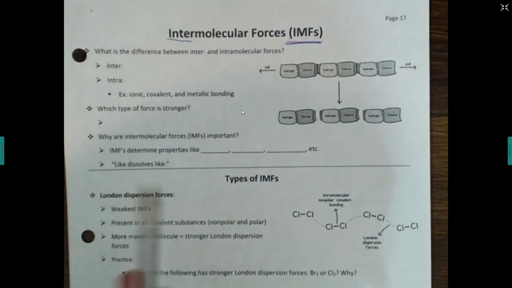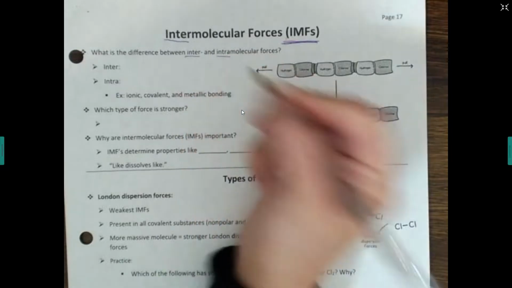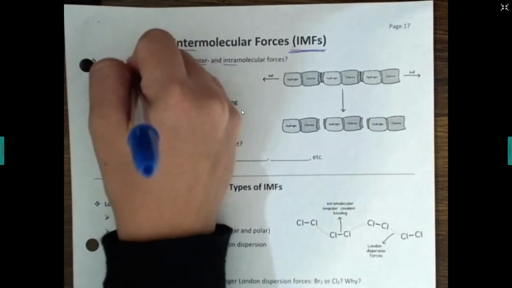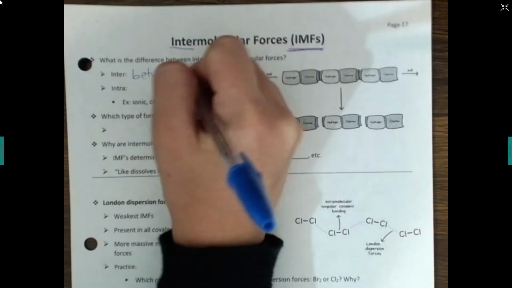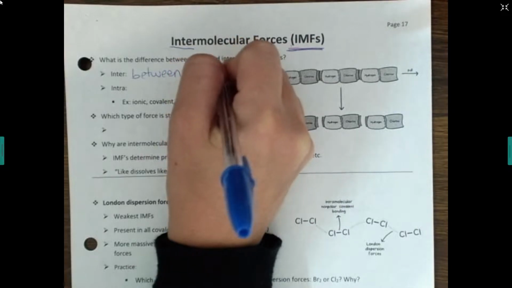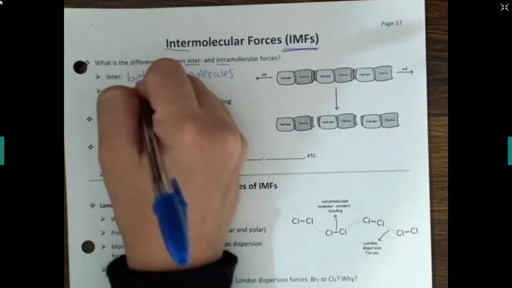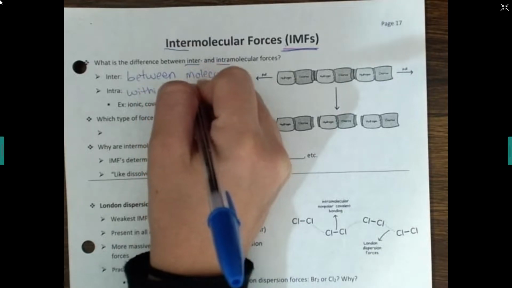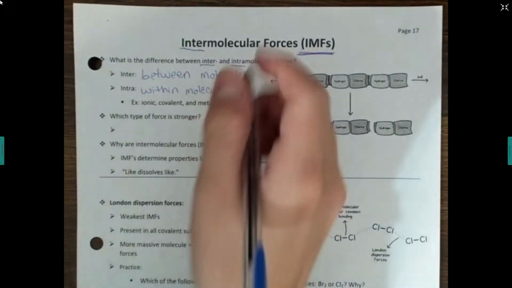Okay, so what's the difference between intermolecular forces and intramolecular forces? Well, intermolecular forces are between molecules, whereas intramolecular forces are within molecules. Intramolecular forces are also just known as bonds.